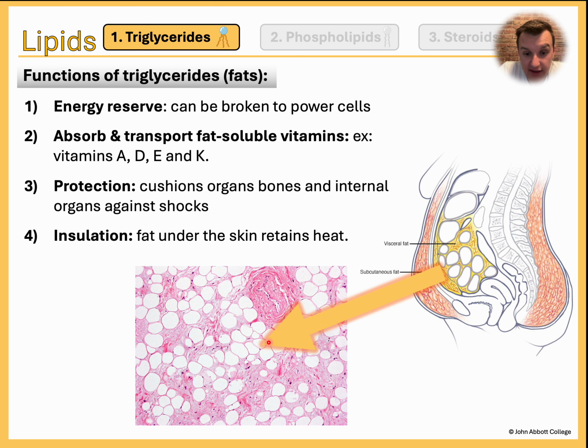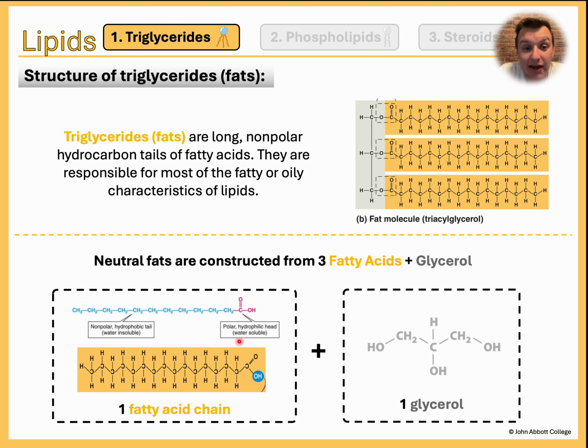If I look into this little pocket here, there will be many triglycerides, many of these in one fat cell. Triglycerides or fats are long, non-polar hydrocarbon tails of fatty acids. So don't worry too much about the long non-polar part. Just non-polar means it is hydrophobic, okay?